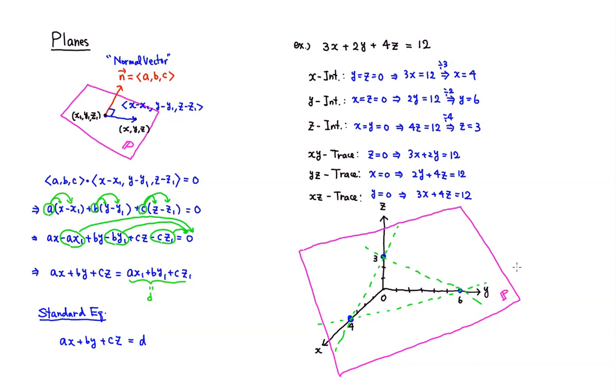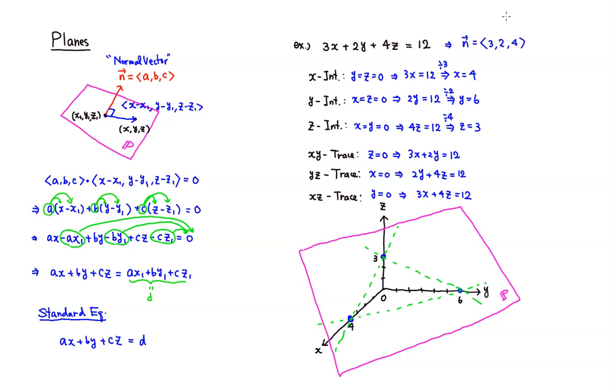Then you can see that the normal vector of this plane, if you find that, is 3, 2, 4, right?